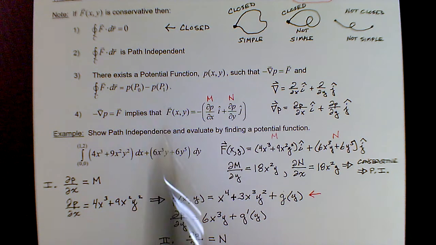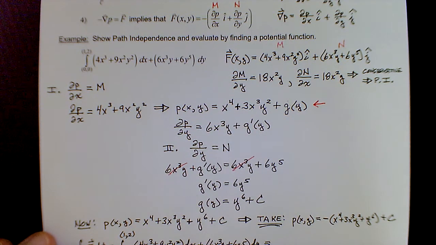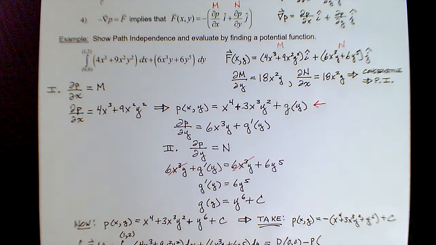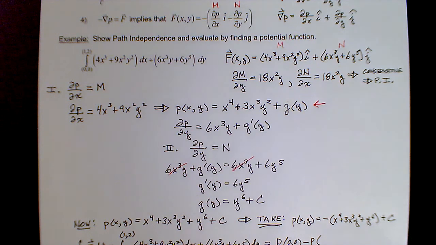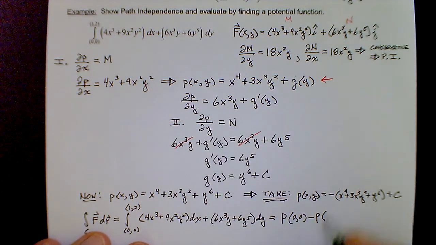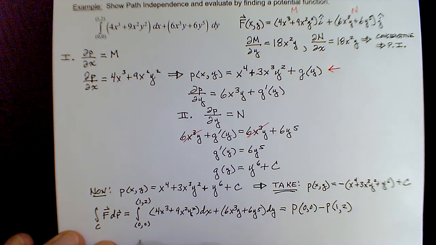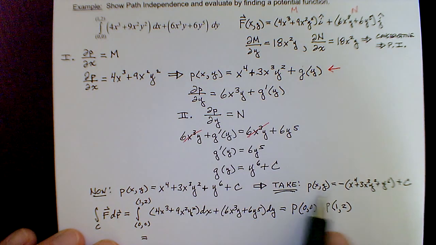And so that would be P of 0, 0 minus P of 1, 2. And then what we're doing is plugging these values into the P of xy.